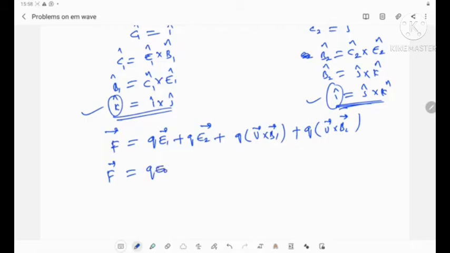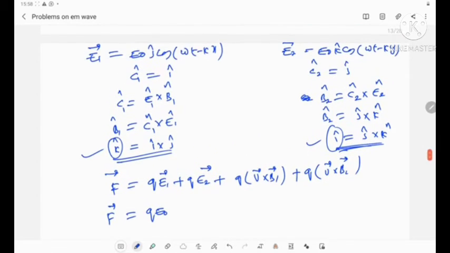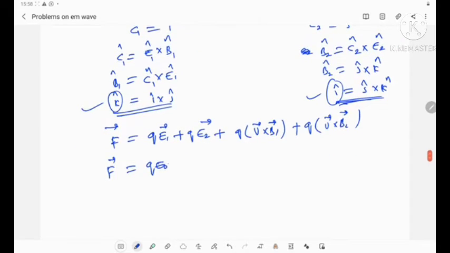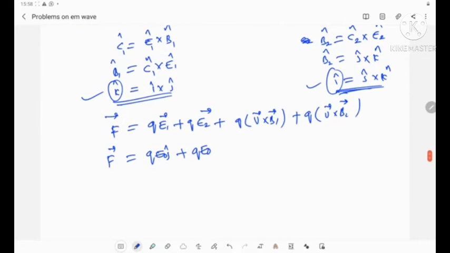Amplitude is given as E naught and E1 is moving along j cap, plus here also Q into E2 is k cap, plus Q into V bar, given as 0.8 C j cap, cross B1, meaning its magnitude E naught by C and its unit vector is k cap, plus Q into 0.8 c j cap cross B2 cap. Its magnitude is E naught by c and unit vector is I cap.